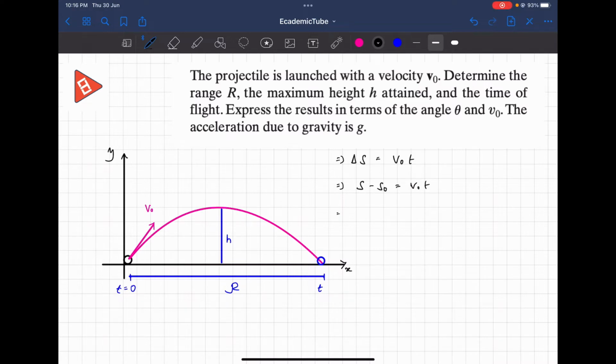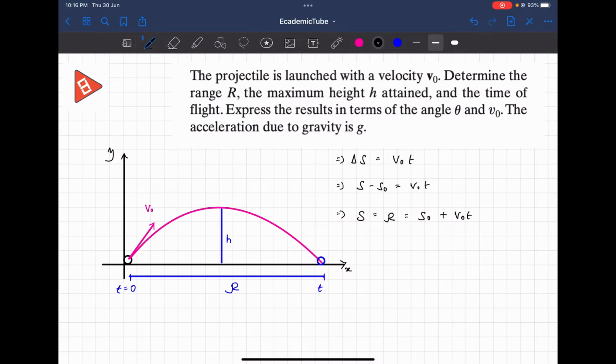We can call the final distance from the starting point the range r, equal to s0 plus v0 t.